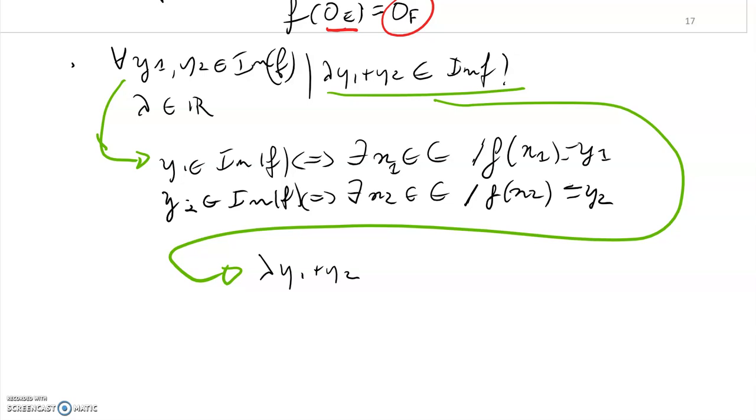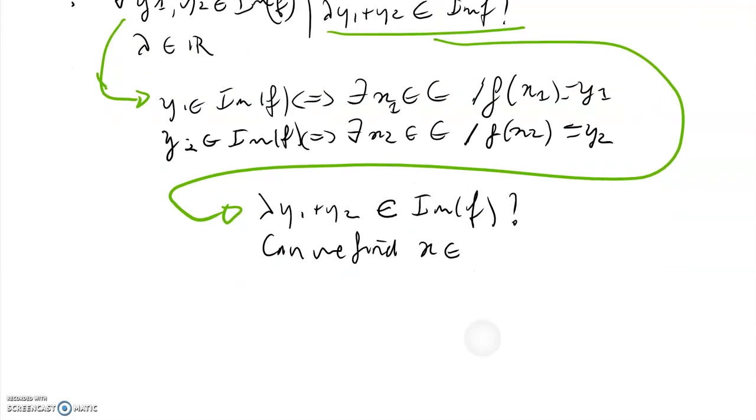It means, can we find some x that belongs to E such that f of x is equal to lambda y1 plus y2? If we can, then it belongs to the image of f.